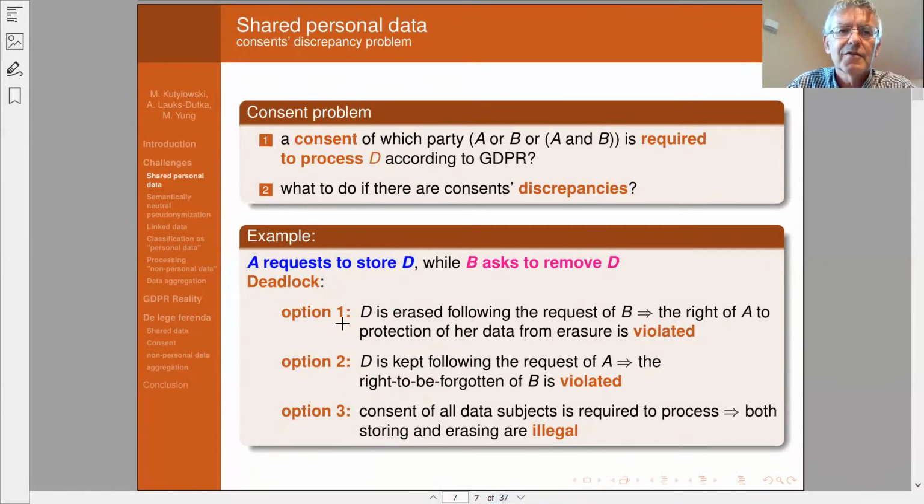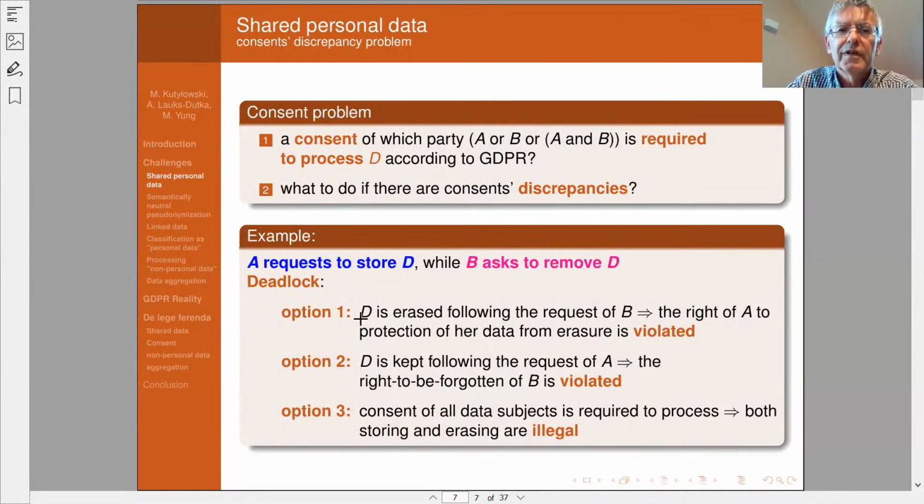So let us consider the situation when A asks the provider to store D, and B asks to be forgotten, to remove D, erase D. So what is the right action on the side of the provider of data storage?